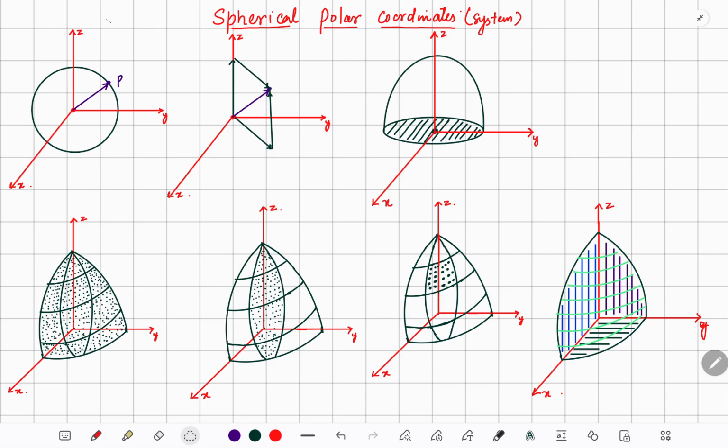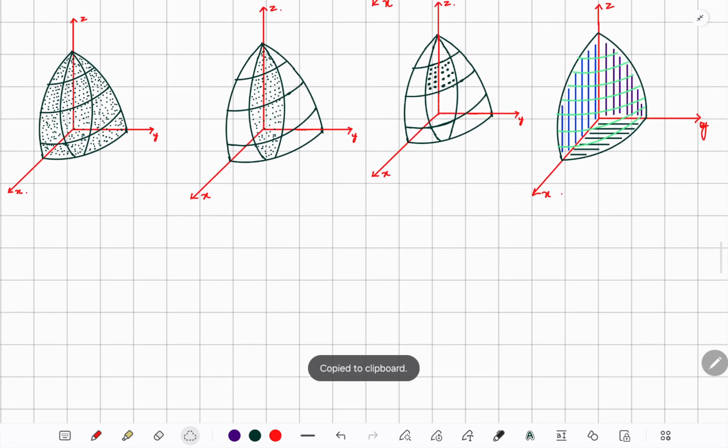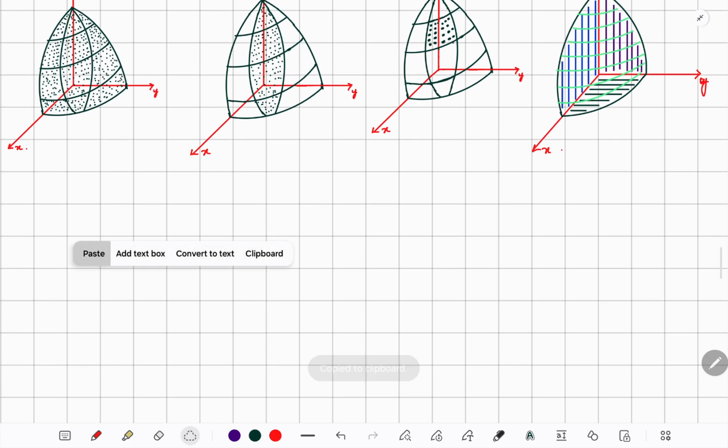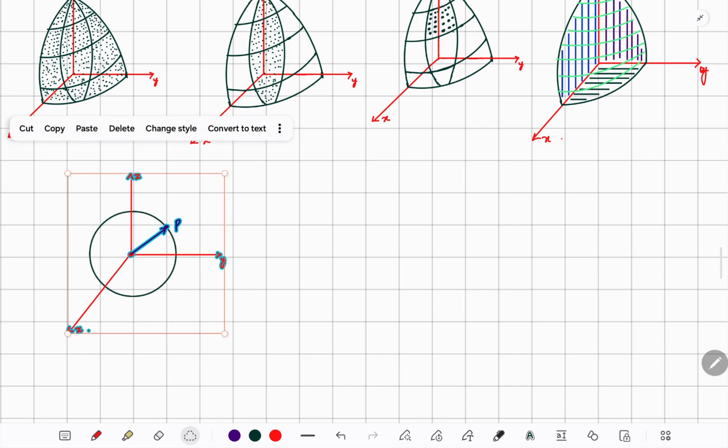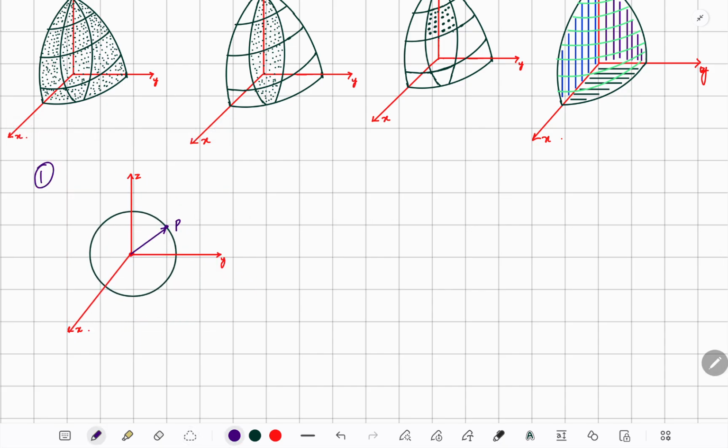The first thing that you need to understand in the spherical polar coordinate system is that we cannot define the spherical polar coordinate system without Cartesian coordinates.